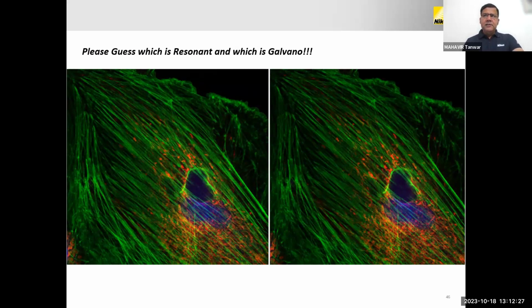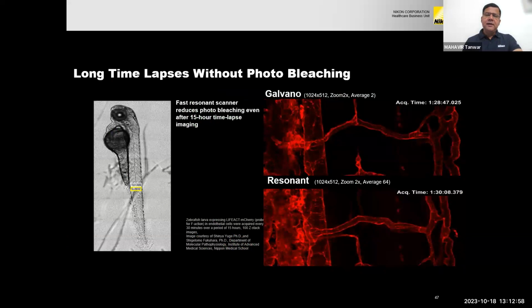We recently installed the system at NBRC, with a large field of view and high-speed scan, 2 weeks back. On the left-hand side is resonant and on the right-hand side is galvo, almost the same image quality, but the benefit with the left one is you will be saving a lot of time, and the field of view for both is the same. If you're saving good time and getting a good image, why not? That's the capability of resonance scanners these days. This will be helpful in many applications.